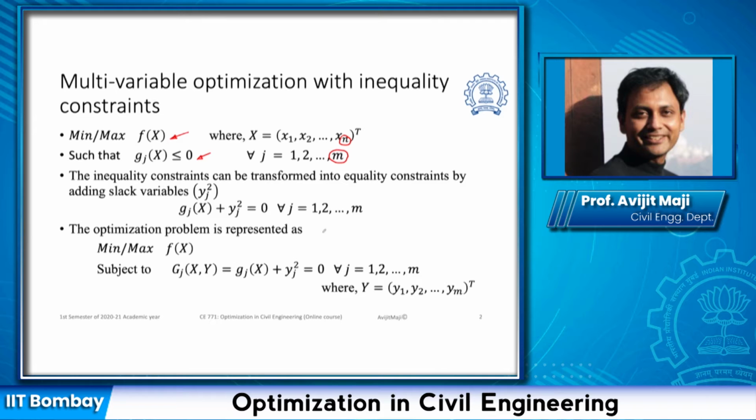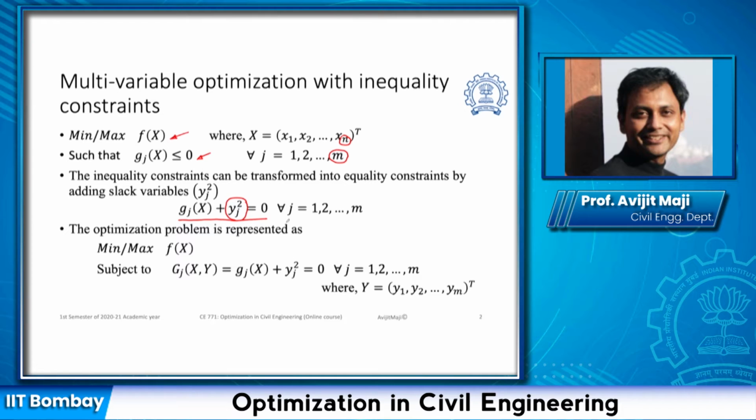Then we use the slack variable to convert the inequality constraints into equality constraints, and as we introduce the slack variable, the constraint equation is going to look like this, where y_j square is my slack variable.